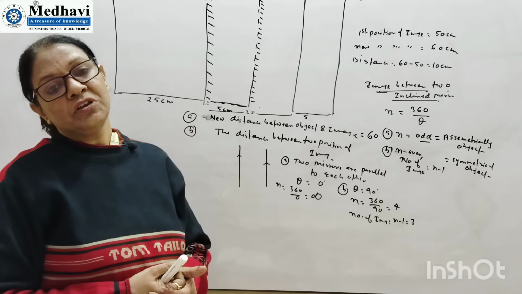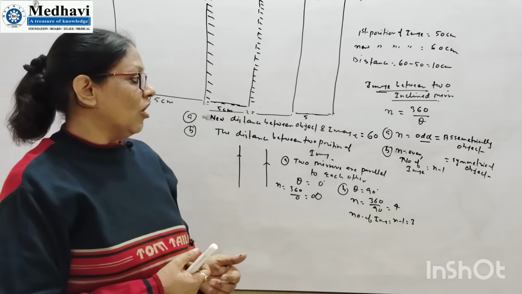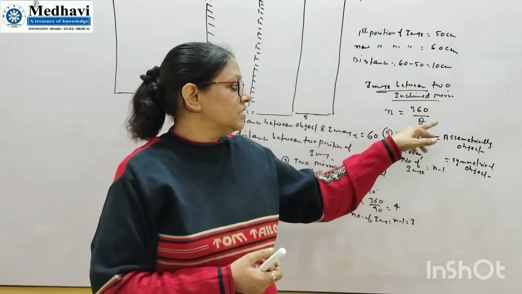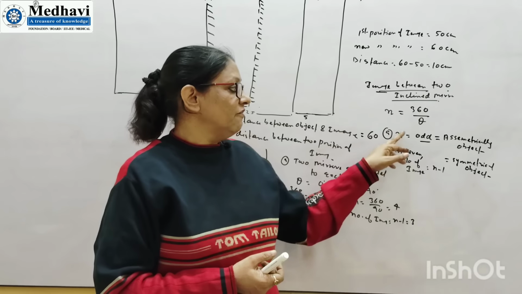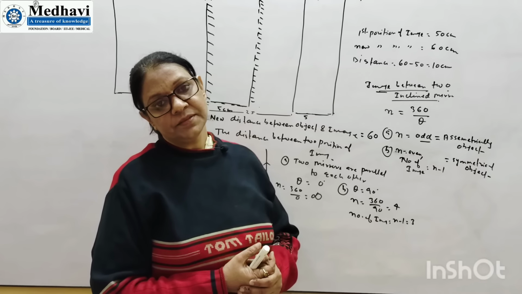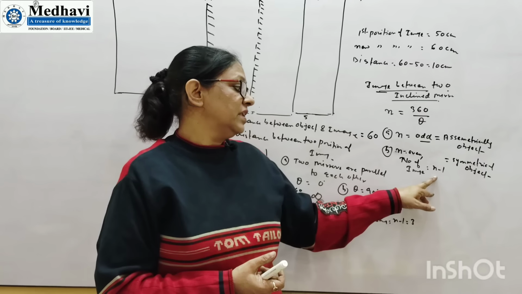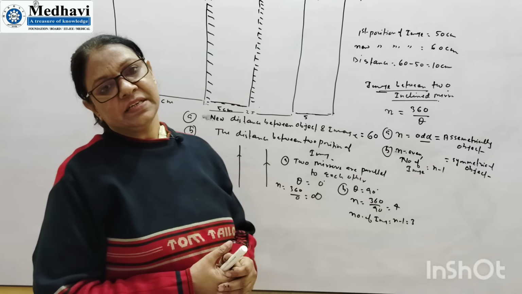Then if we use two plane mirrors at some angle, how many images are produced? This is the formula: 360 by theta. If n is odd, then n is the number of images for an asymmetrical body. And if n is even, then n minus 1 is the number of images for a symmetrical body.